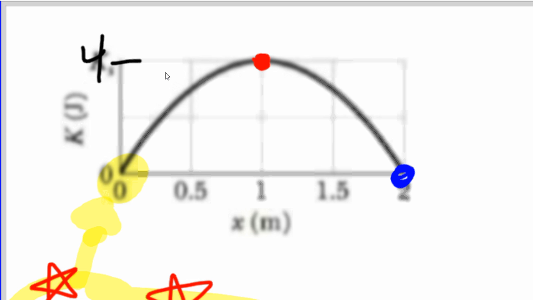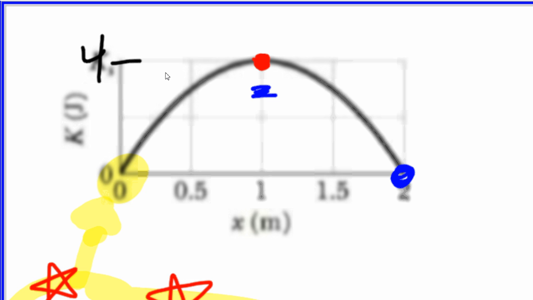I kind of glossed over a fact that I wish I had spent a second on a minute ago. Does it make sense why this represents the point where it's moving the fastest? What's happening for the first 1 meter? Somebody explain why the kinetic energy is increasing for that first 1 meter.